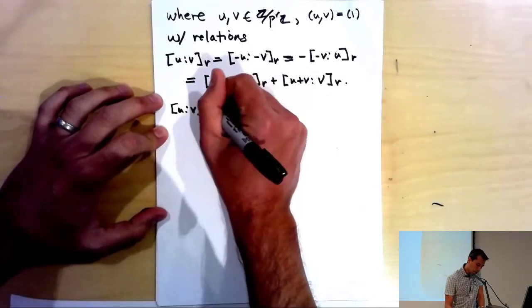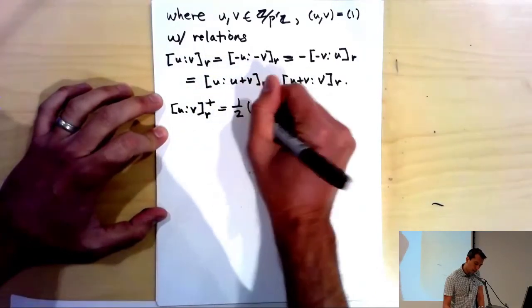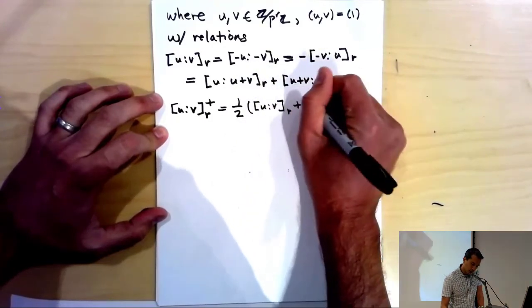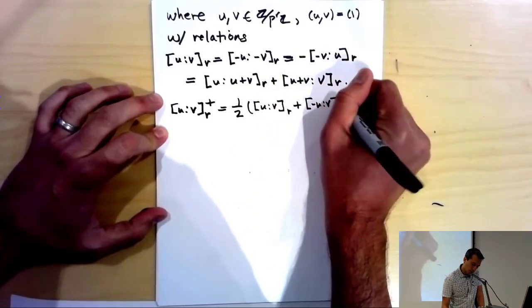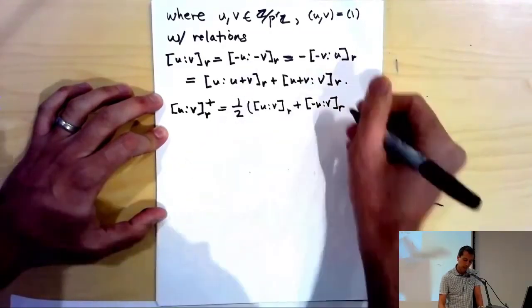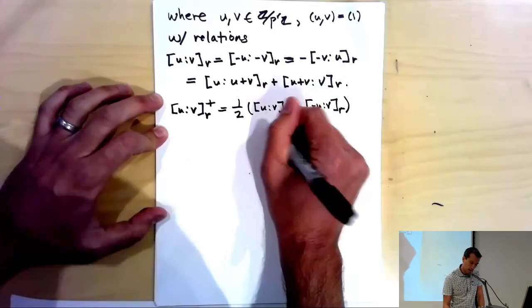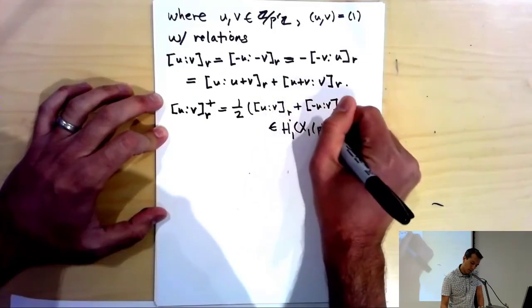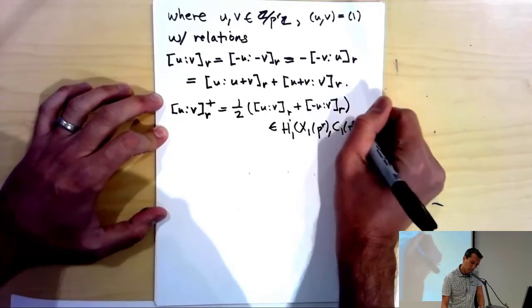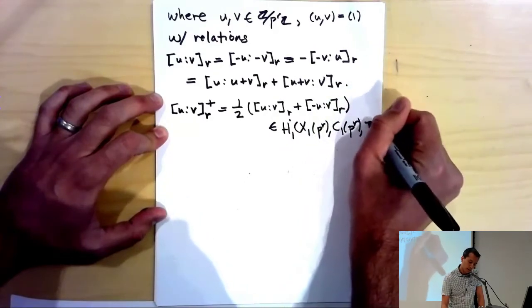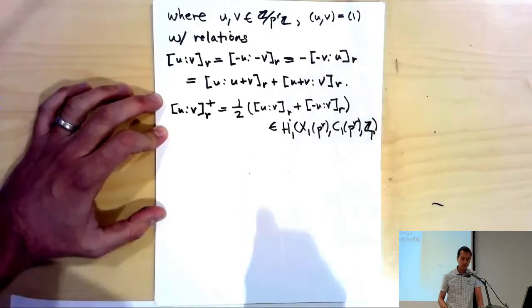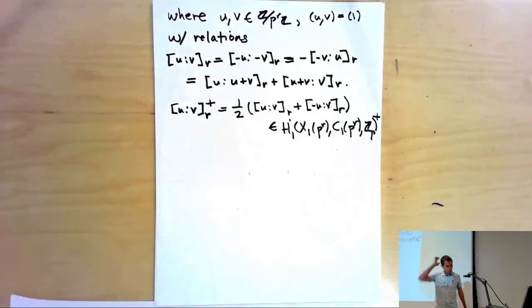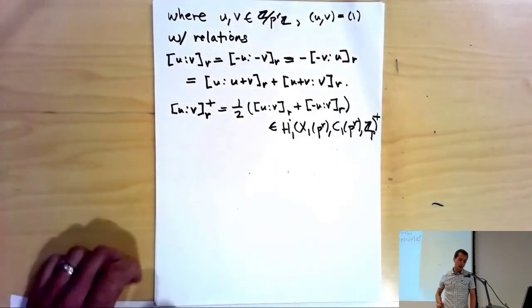Okay, so [u,v]_r^+ will be 1/2 times the sum of the symbol and its complex conjugate. Applying complex conjugation, you actually get minus [-u,v]. So I'll just sum the thing and its complex conjugate. So this will lie in H_1(X_1(p^r), C_1(p^r), Z_p), because p is odd, so 2 is invertible, plus the fixed part under complex conjugation.